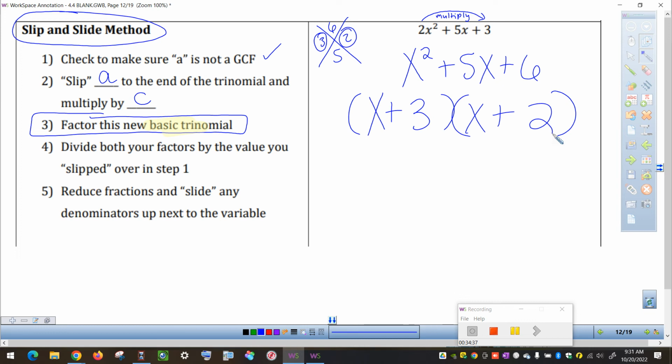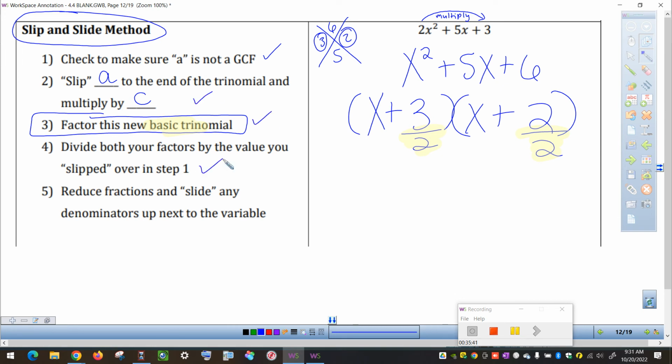Well, now to undo that we multiplied by the 2, we are going to divide it out of both parts. So here's what that looks like. Just like this. I'm going to highlight what I just wrote. So that 3 in there divides by 2, and then over there the 2 divides by 2.